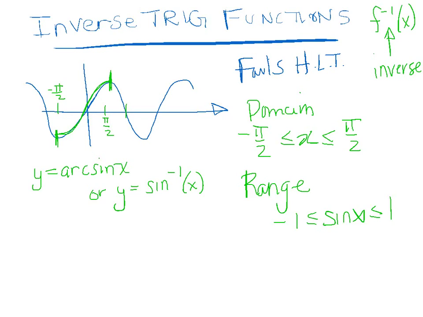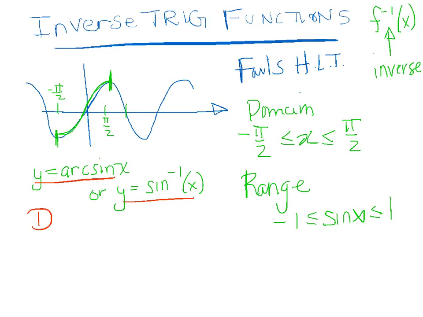So we're not talking about reciprocal. I want to make that very clear. Alright, and like we did before, if I'm talking about arcsine, same as the inverse sine, those are the same thing, it's just some people like to call them different things, then all we have to do is switch domain and range, right?